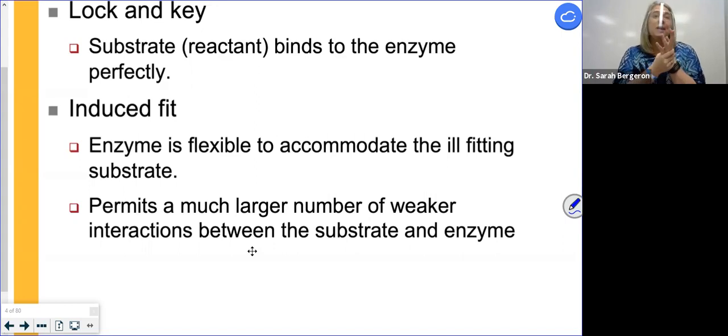So is the baseball glove flexible? Absolutely. Is your hand flexible? Absolutely. Okay. So the enzyme has to be able to accommodate basically an ill-fitting substrate. The substrate is not in the perfectly optimal conformation to fit into the enzyme.